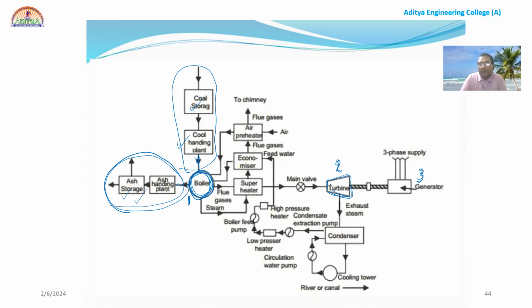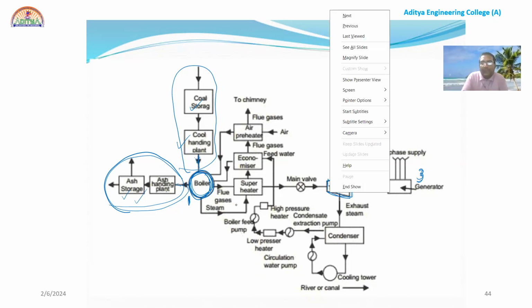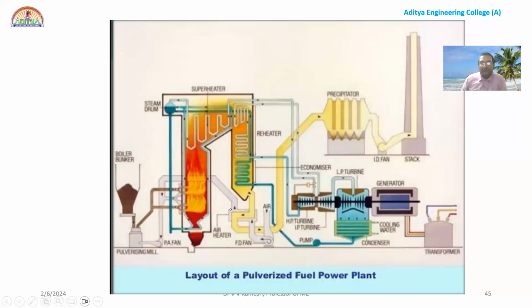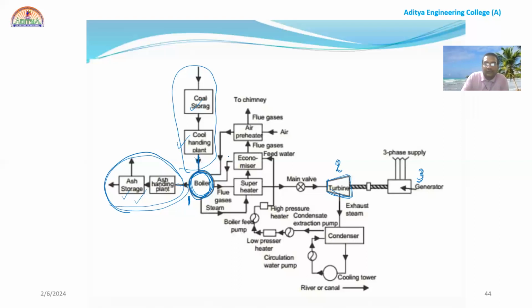Now, in the boiler, we have inner components. What are these inner components? Superheater, economizer, air preheater, right? Now you see the air circuit.